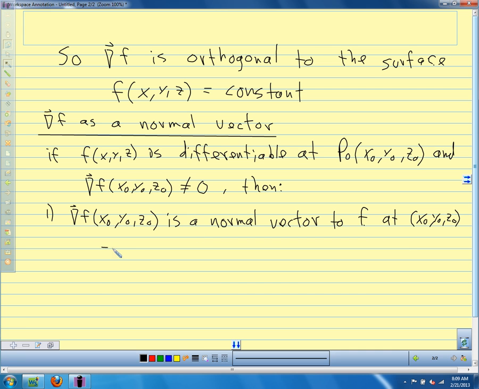Another thing that we can conclude here is that del f at our particular point, p0, is orthogonal to every tangent vector of f at p0.